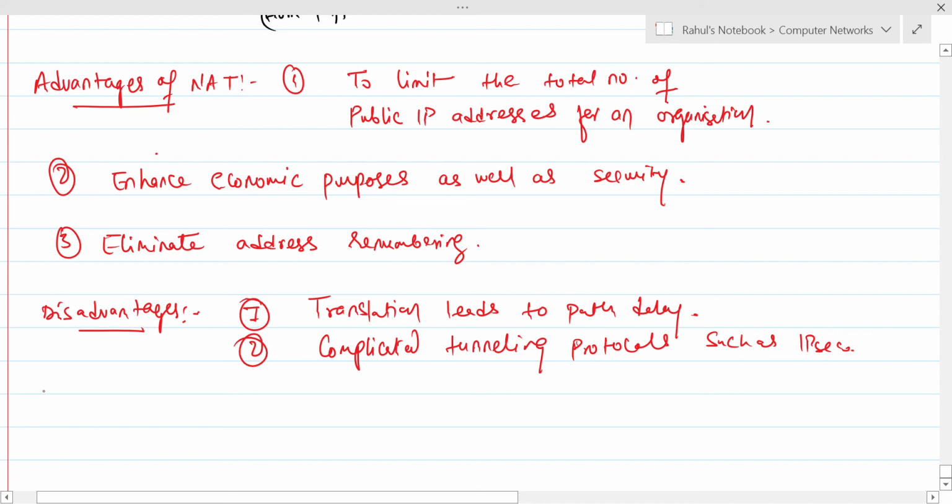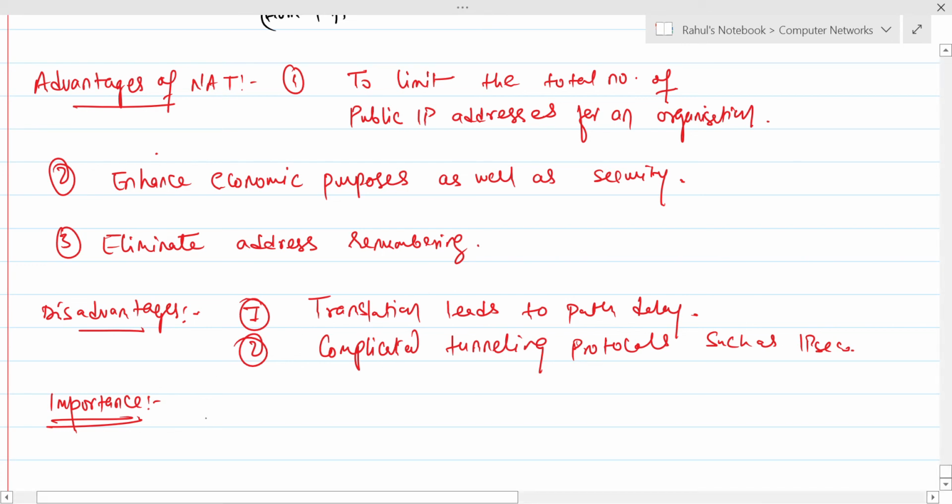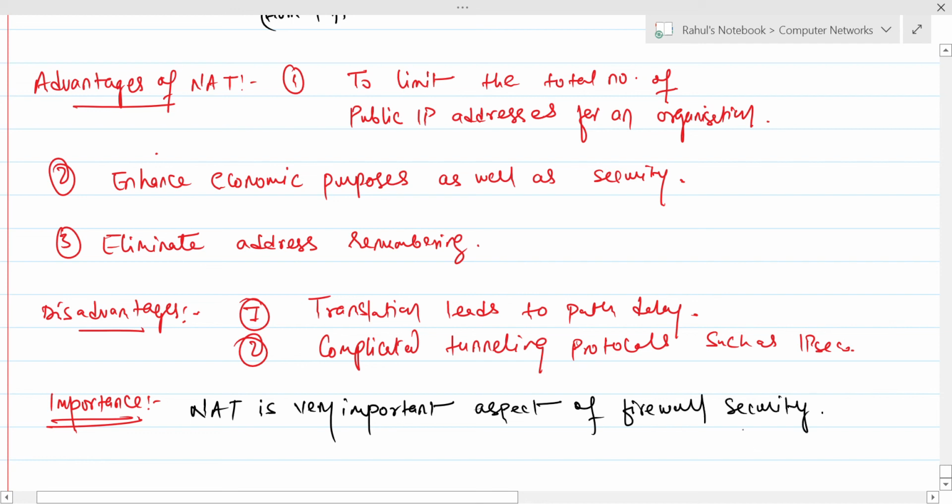Now if we are going to write the importance of NAT, network address translation has very much importance. We can write that network address translation is a very important aspect of firewall security.